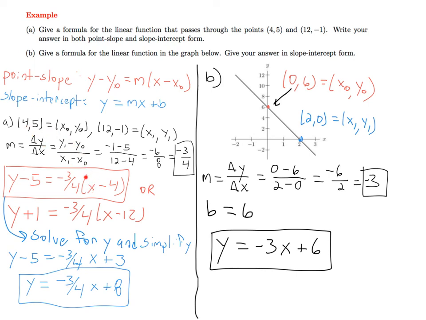So plugging 4 in for x and simplifying, we would see that, yes, y is equal to 5. Plugging (12, -1) in, so if I plug a 12 in for x and a -1 in for y, I would see I get the same value on each side. So that would have verified my answer. We could have taken these points and made sure that they satisfy the equation when we write it in slope-intercept form. So it's never a bad idea when we have time to check our work.